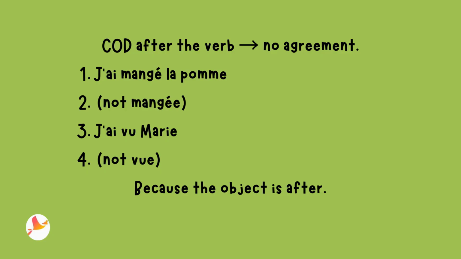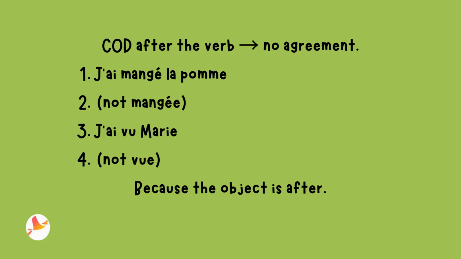Now, like I said previously, when we use avoir as a helping verb, there is no agreement. And the reason there is no agreement is in the case where the COD, or the direct object, comes after the verb, after the main verb. There's no agreement. So we have j'ai mangé la pomme. We do not have an extra E added.